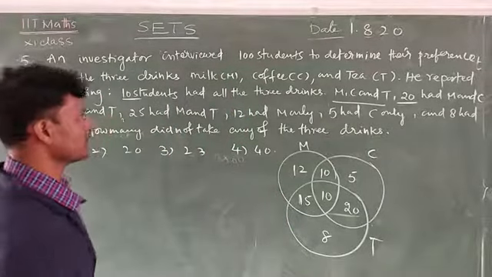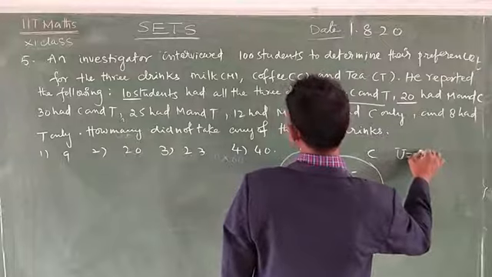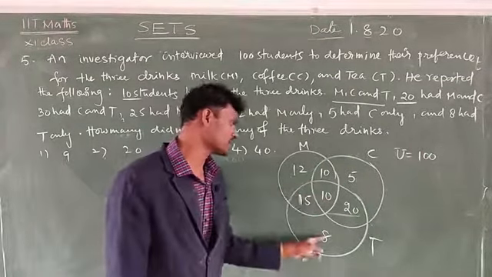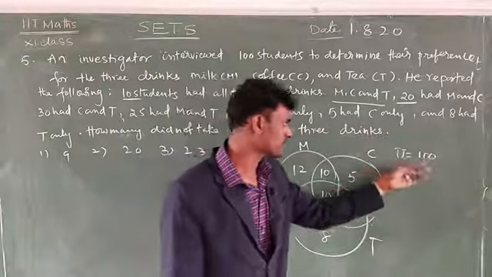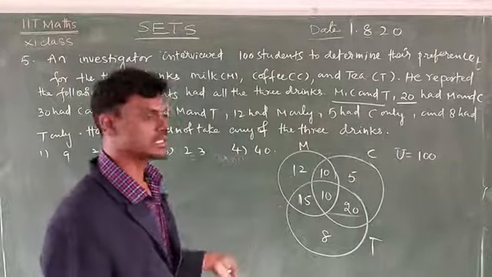Now total how many members here? This is total 100 members. Now we have to count how many members are inside, then subtract from the 100, then we know how many did not take a drink from these 3.